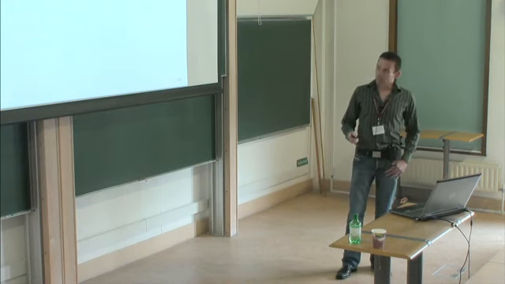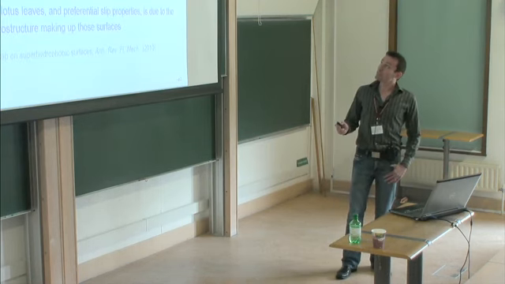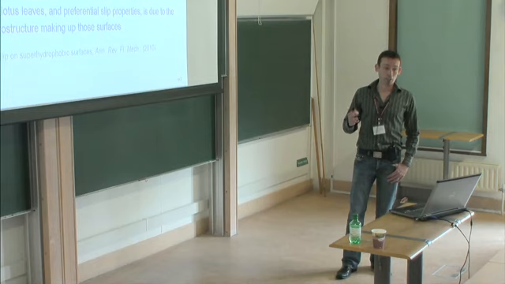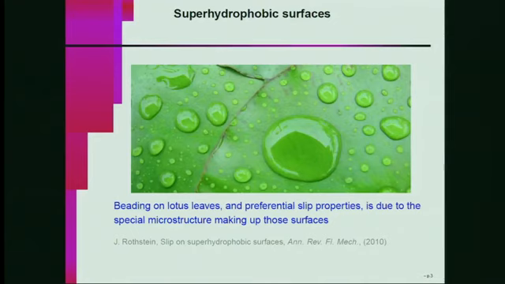So the study of superhydrophobic surfaces is kind of a hot topic at the moment, and there's a lot of effort in trying to mimic the slip properties of these special surfaces. In particular, these superhydrophobic surfaces are characterized by having high contact angles and low hysteresis.